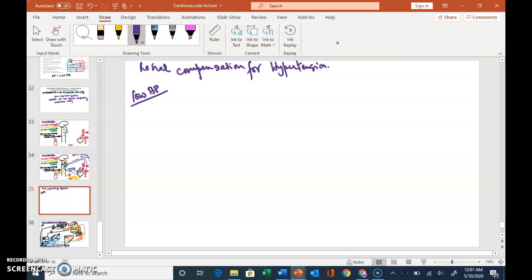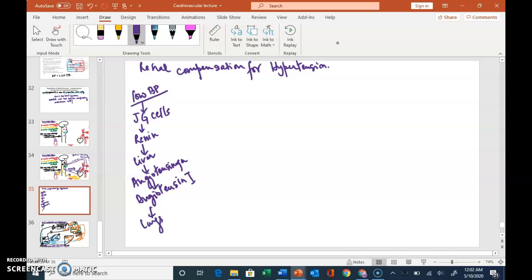When we have low blood pressure, that is sensed by the JG cells. We talked about this. The JG cells cause the kidneys to release renin. Renin goes to the liver and converts angiotensinogen to angiotensin 1. Remember? The angiotensin 1 then goes into the lungs, and in the lungs you have ACE, an enzyme that converts angiotensin 1 to angiotensin 2.